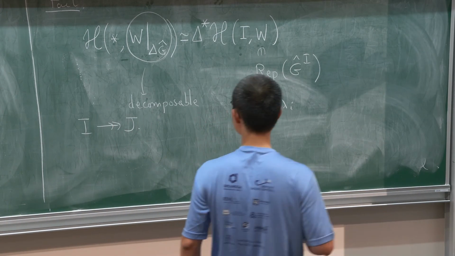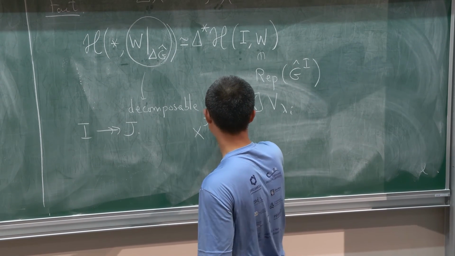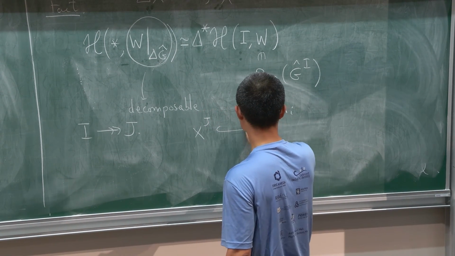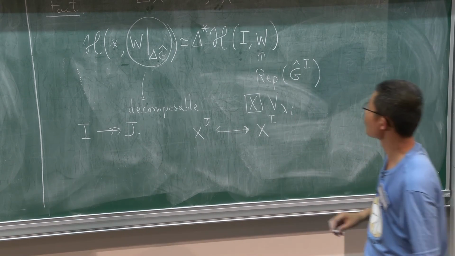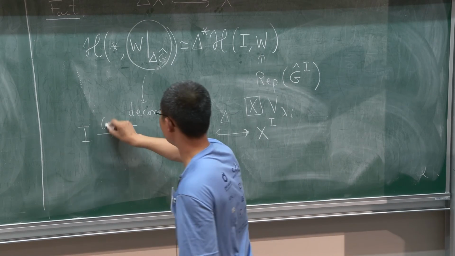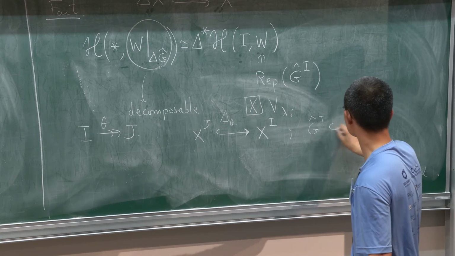More generally, if you restrict to a partial diagonal, you start with a surjection of finite sets, which gives you a partial diagonal. At the same time, it gives you a partial diagonal of G hat.